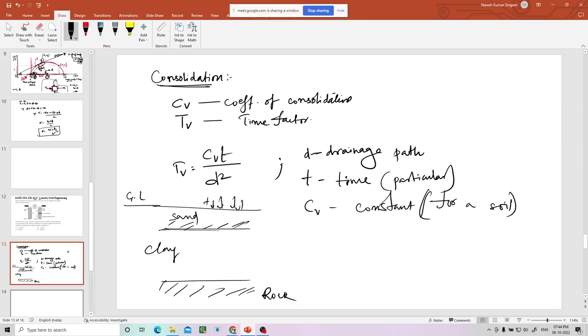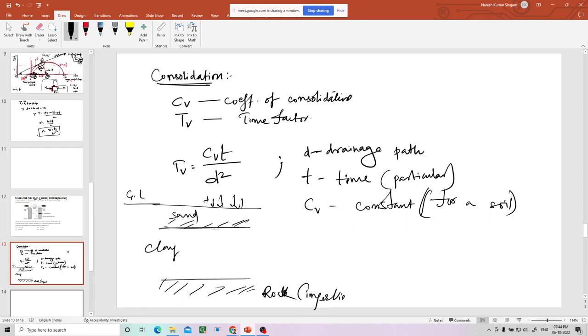It cannot enter into the rock because this is impervious. It should go only to sand because sand is pervious. The water at this point should travel in this direction. Whichever is here will also travel in this direction. The maximum path taken by a water particle in the clay is the drainage path, equal to D.